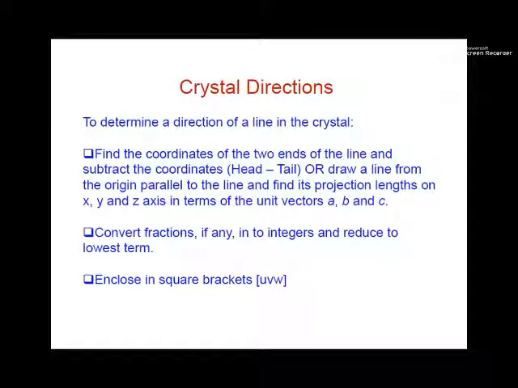Now what is a crystal direction? So if you determine the direction, you have to identify the head and tail of the direction, and you convert this to fractions or integers and reduce to the lowest term, or increase the value to the nearest integer, and enclose that term within a bracket.